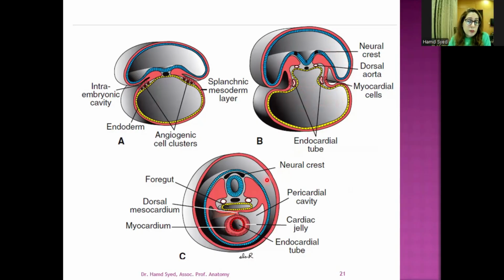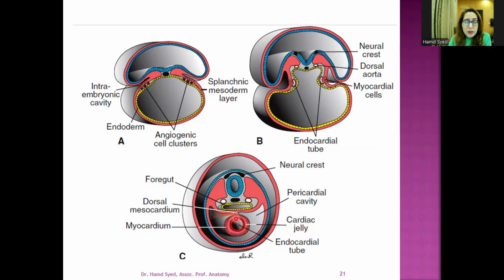And the body wall folding in the lateral plane has caused this fusion or closure of the ventral body wall. Here now you've got the endocardial tube, we can simply call it the heart tube, and it is surrounded by the cardiac myoblasts, which are going to form the myocardium. Initially there's also a gelatinous material known as cardiac jelly, which disappears later on.